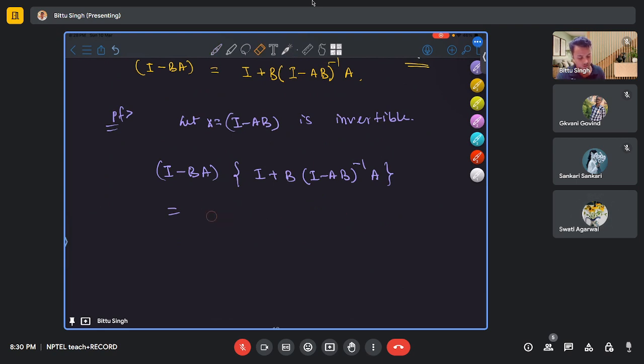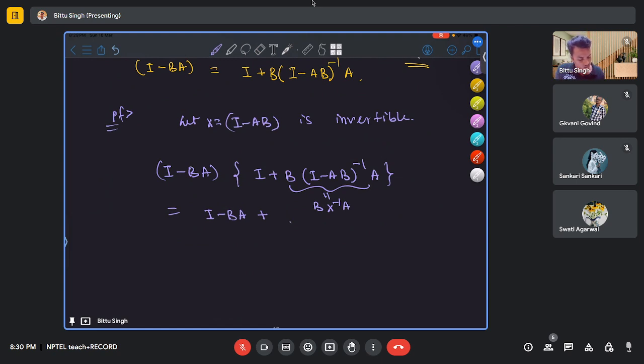Instead of writing this, we can write it in simple form. This is B, this is X inverse, this is A, right?